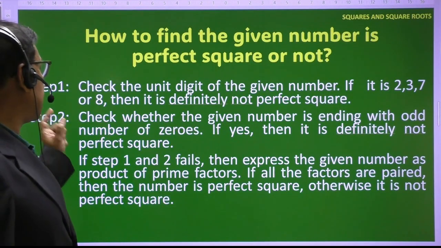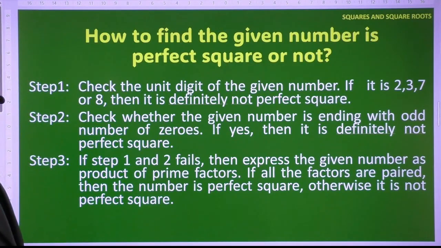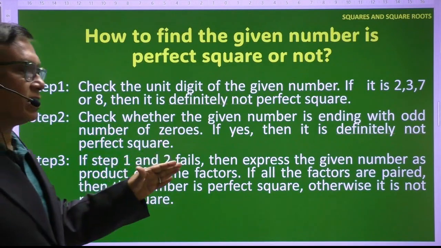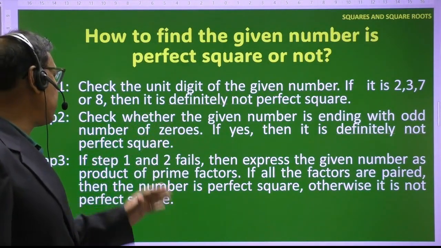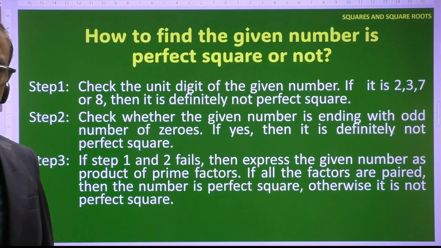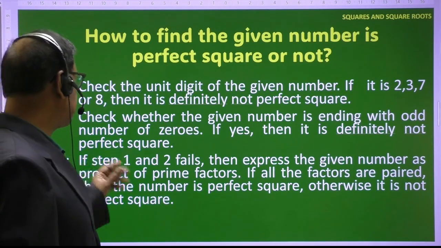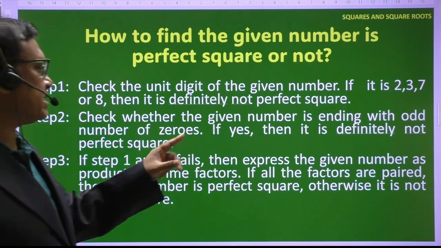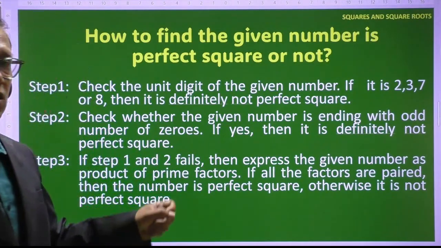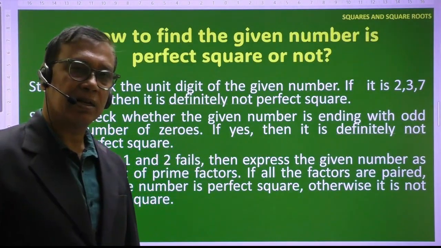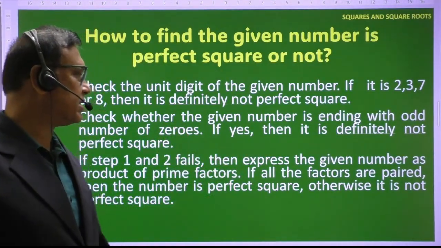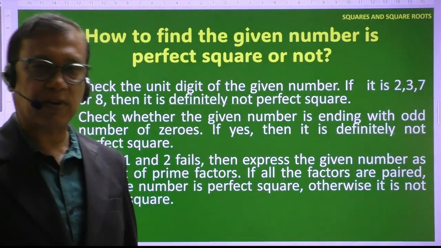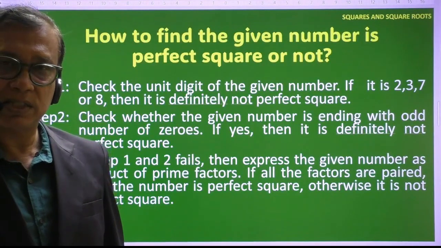Now step 2, check whether the given number is ending with an odd number of zeros. If yes, then it is definitely not a perfect square. This part is clear? Now step 3, if step 1 and step 2 fail, then express the given number as a product of prime factors. If all the factors are paired, then the number is a perfect square, otherwise it is not a perfect square. This part is clear?